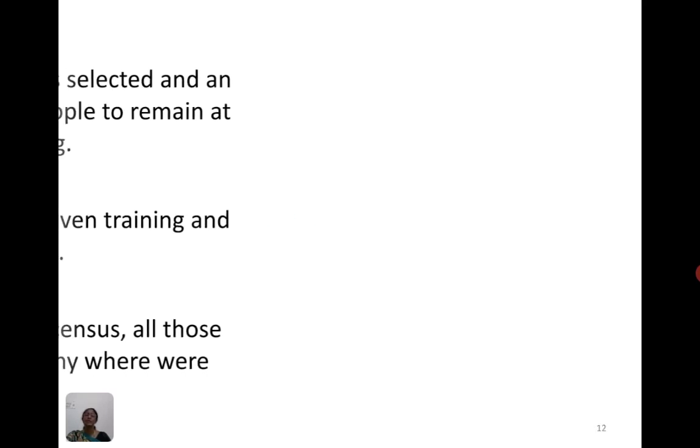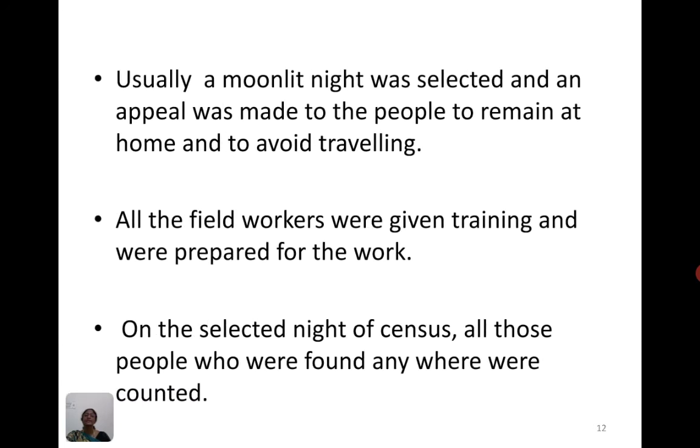A moonlit night was selected, and people are appealed not to move out of their home and to avoid traveling. All those enumerators who were interested in the task of collecting data from the people for census, they would be given training and were prepared for the work.